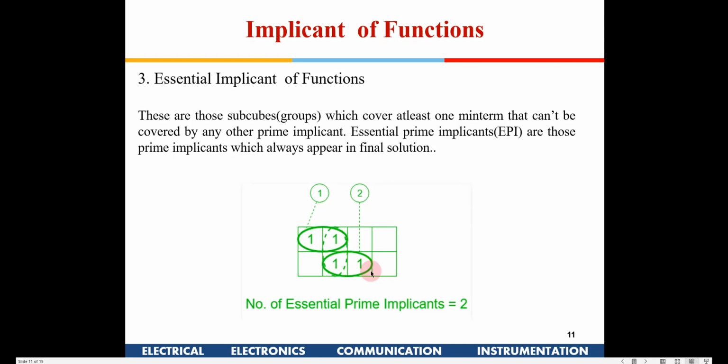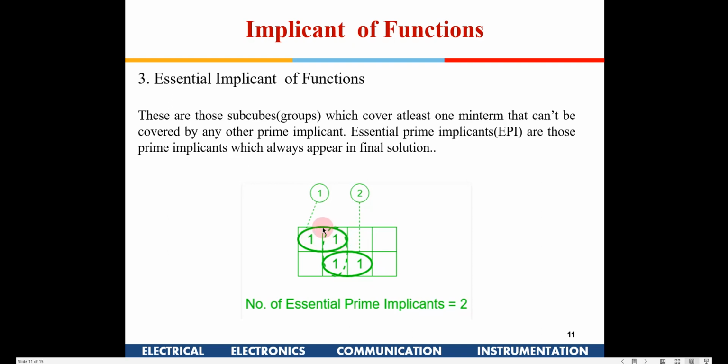Now there is something known as essential implicant. If you see, there are 3 possible combinations, out of which the ones highlighted in bold cannot be done away with, because there is one here and there is only one way we can make a group here. So this becomes essential prime.